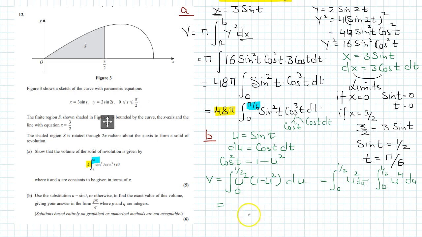So that is equal to u to the power 3 over 3 from 0 to half, minus u to the power 5 over 5 from 0 to half. Don't forget to write 48 pi here.